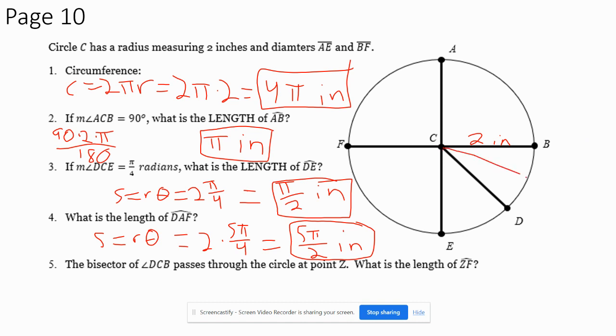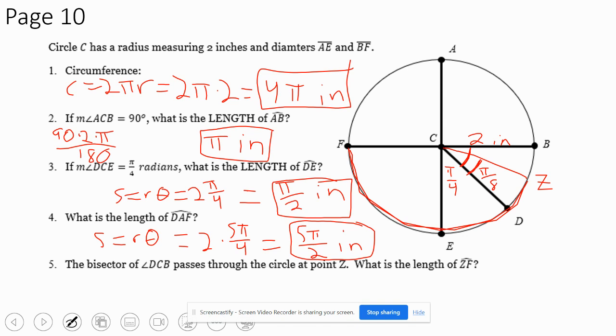So cut in half would look approximately like that, and it intersects the circle at point Z. And then I want to know the length of ZF. So that arc right there. Interesting. So I need to figure out what the measure of that arc would be. Well, I knew that this whole thing was pi over 4. So if I just want the part that gets me to Z right there, that's going to be half of pi over 4, or in other words, pi over 8.